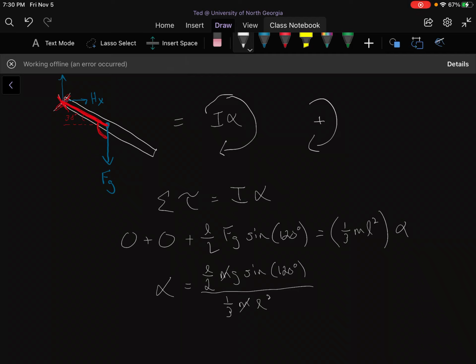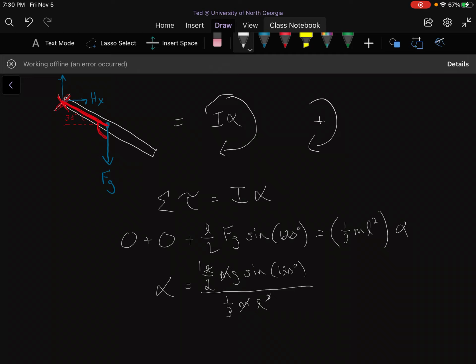And I notice that my masses cancel, which is nice because then I don't have to plug in mass. One of my L's cancels, leaving just a 1/2. And it looks like that's all the canceling I can do.